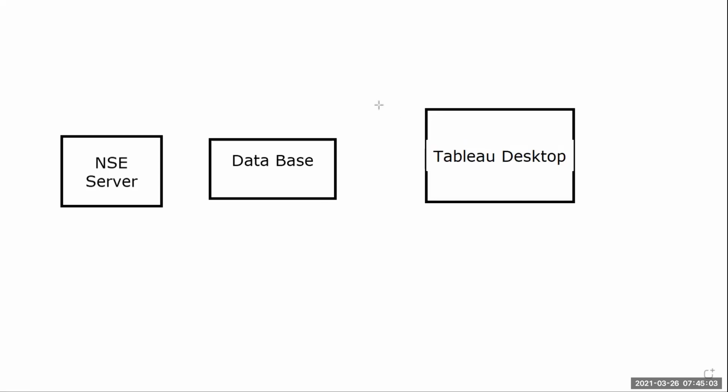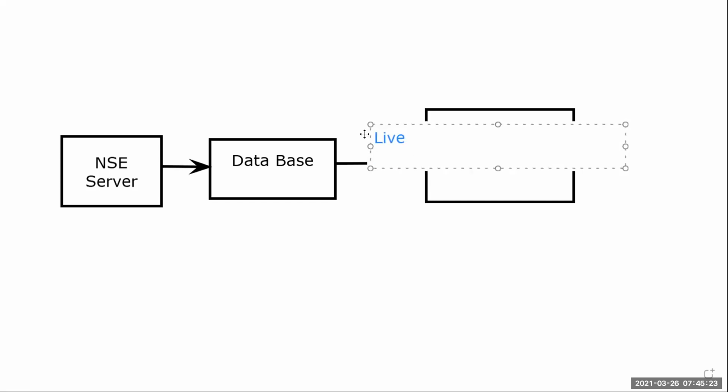Now what you will normally do is, from the database you will be connected to that. From here we are connecting to our Tableau desktop, and I'll be using a live connection here.